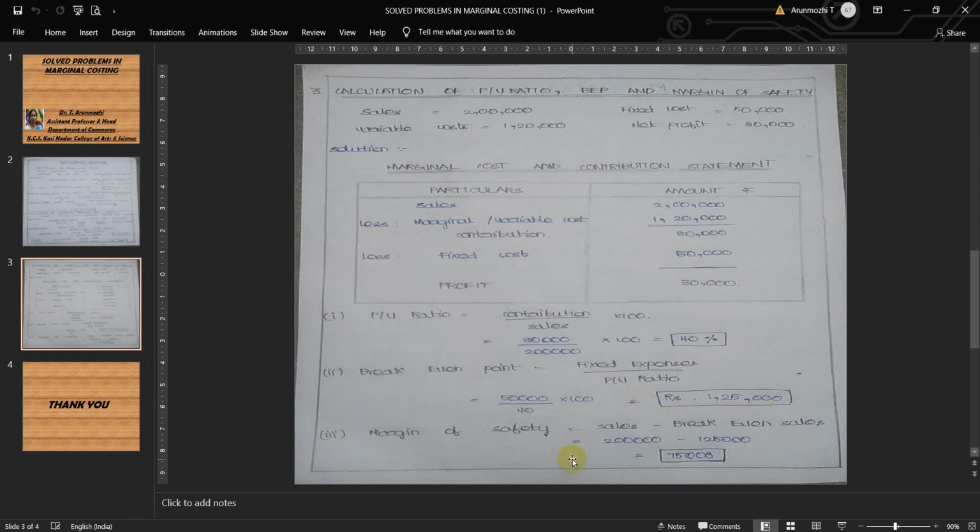Then margin of safety, sales minus break-even sales, is equal to 2 lakh minus 1,25,000, rupees 75,000 you have. Or one more way, profit divided by PV ratio, that also can be done, is equal to 30,000 divided by 40%, you get it as rupees 75,000. Anyway you can do it.